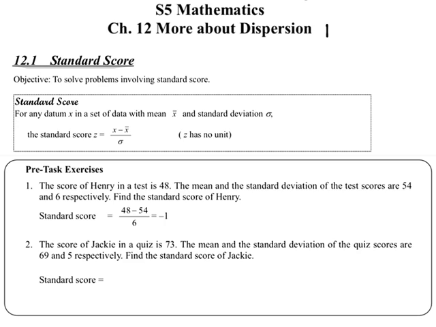For standard score, the equation is like this: the data minus the mean, over sigma, the SD. So remember, standard score has no units. Let's see an example. If the score of Henry in the test is 48, the mean for the whole class is 54.